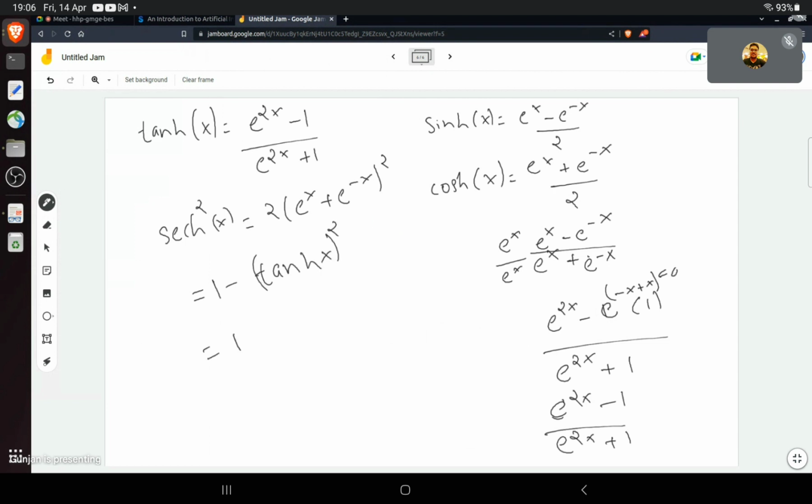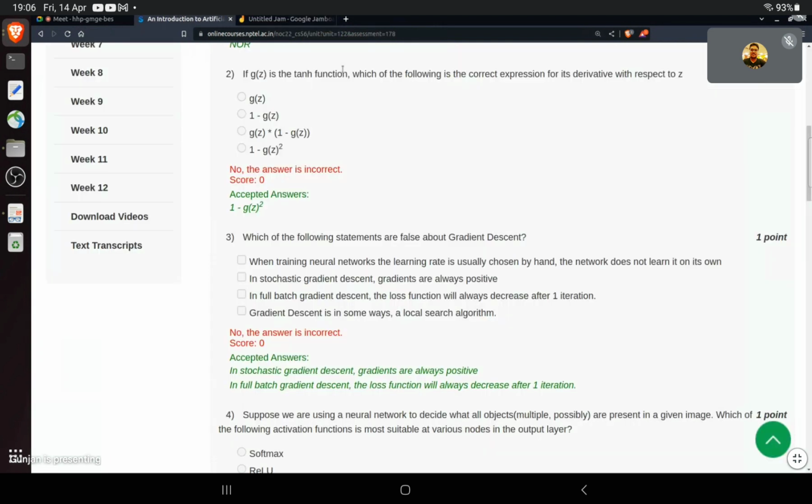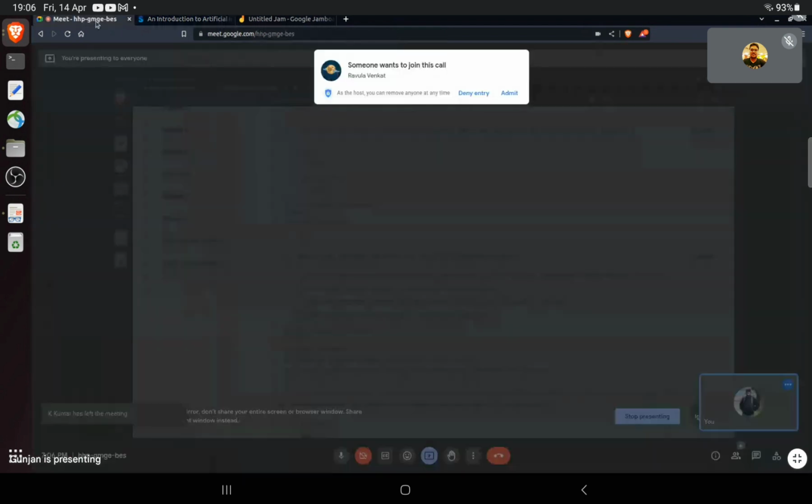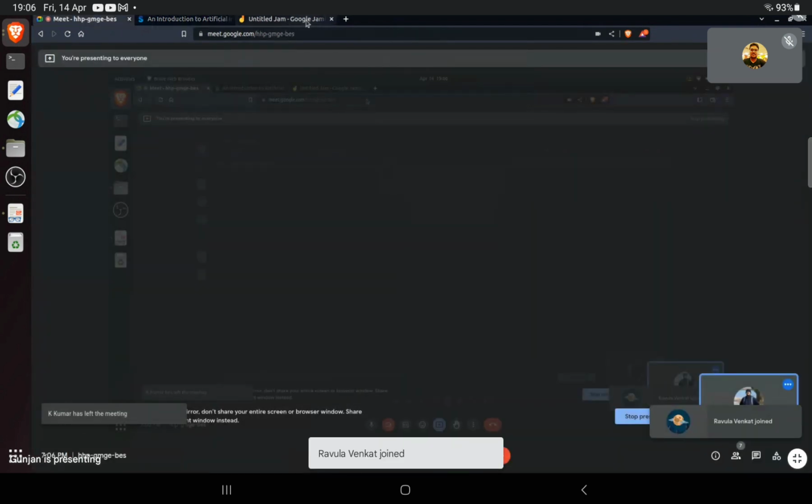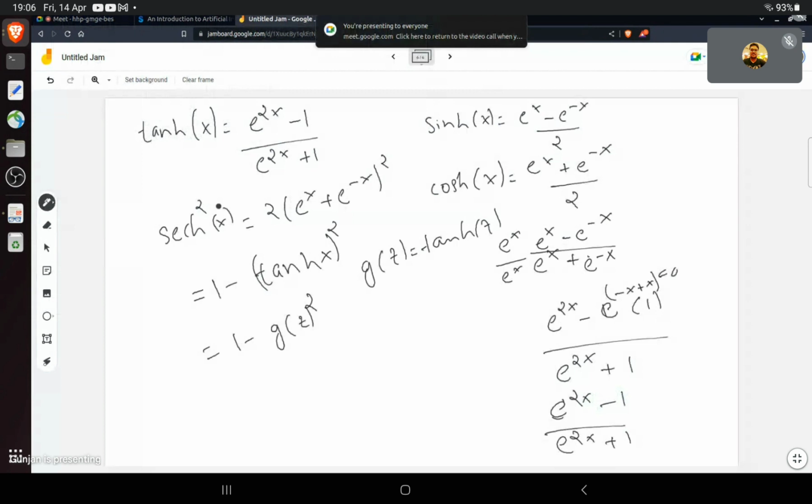So that's why it is 1 minus g of z squared, because g of z is tanh of z. So whatever is that. This will be minus 2, and this will be 4.